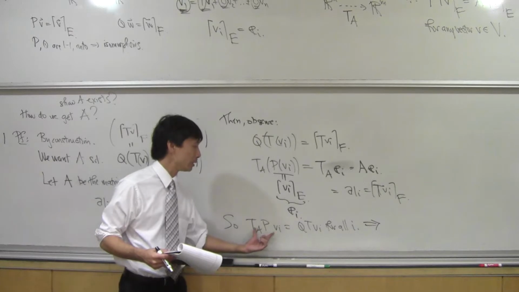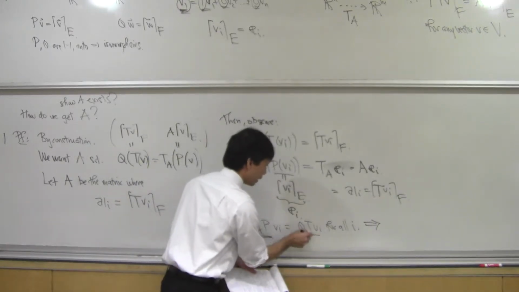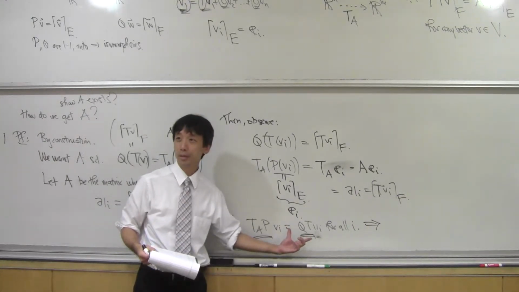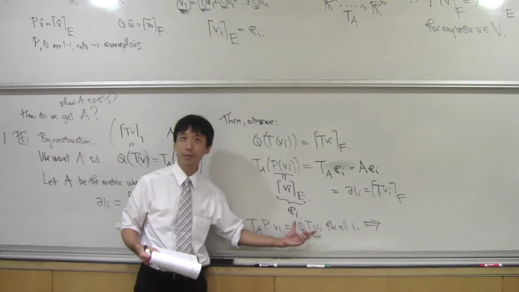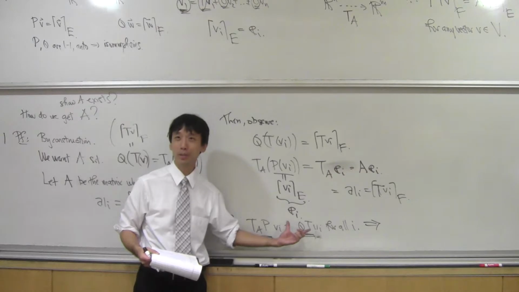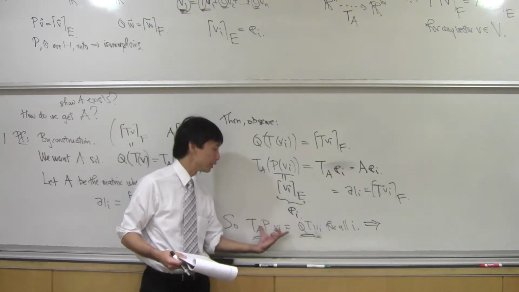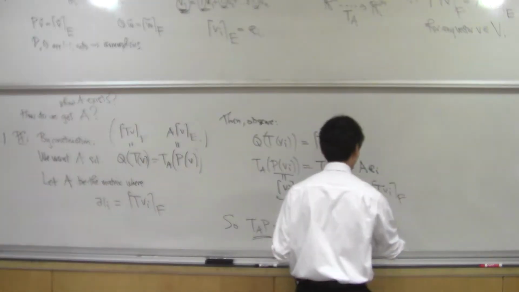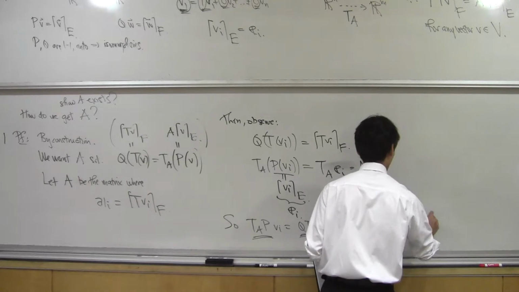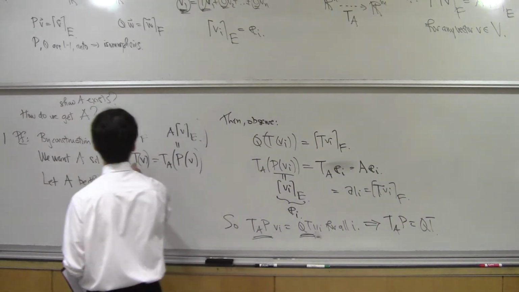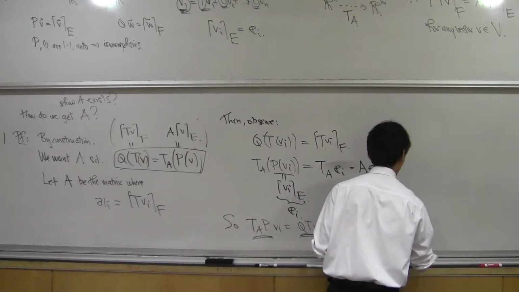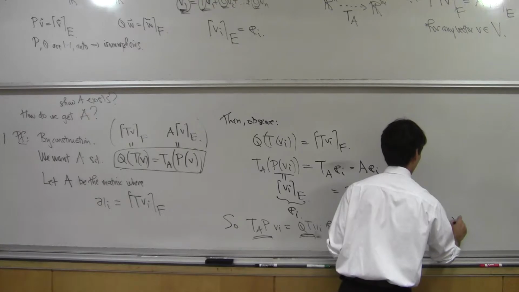We get agreement of these two linear transformations on the basis VI. And when you have agreement on a basis, then they're the same. Remember this? We did this last time. If you have two linear transformations that agree on a basis, then they must be the same. So T_A P actually does equal QT, which is what we're hoping for. We're hoping that T_A P of B is QT of B for all B.